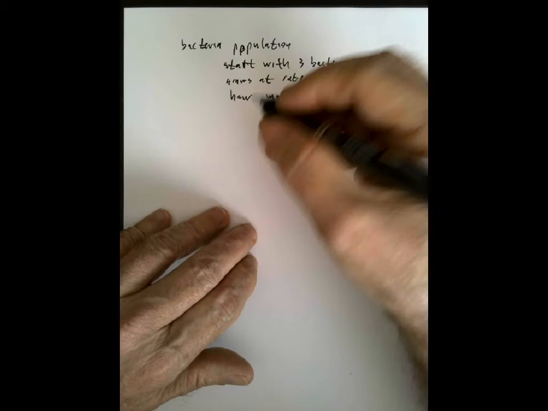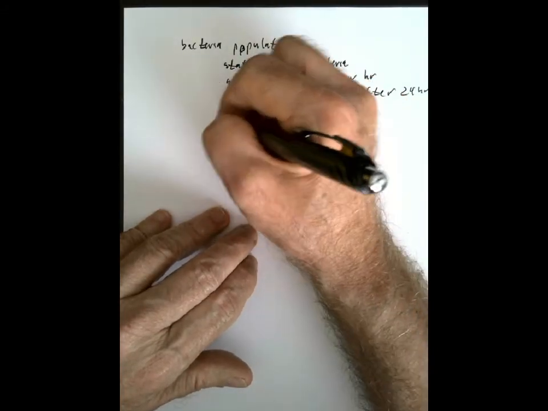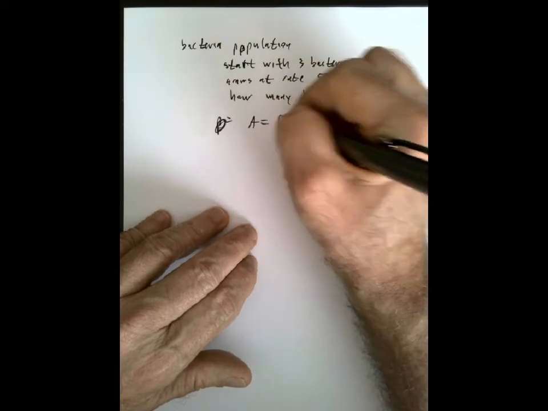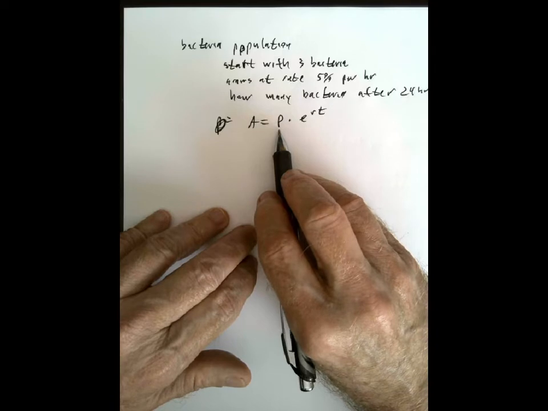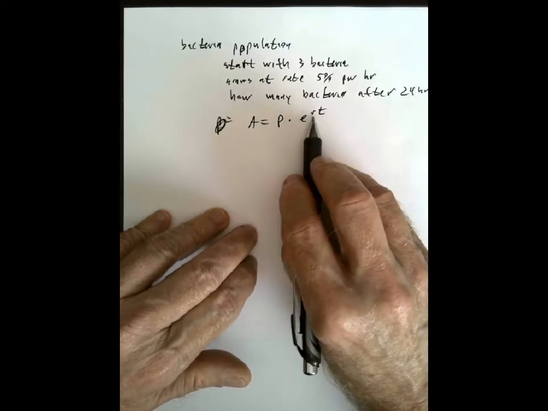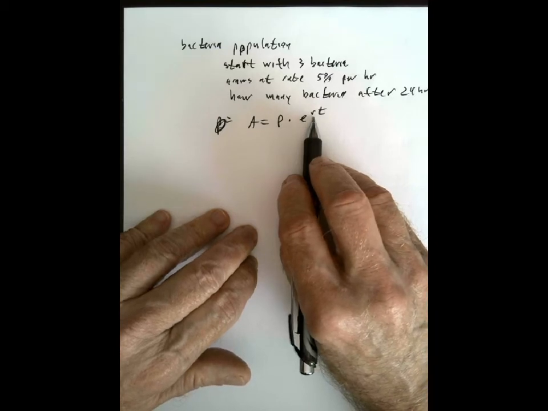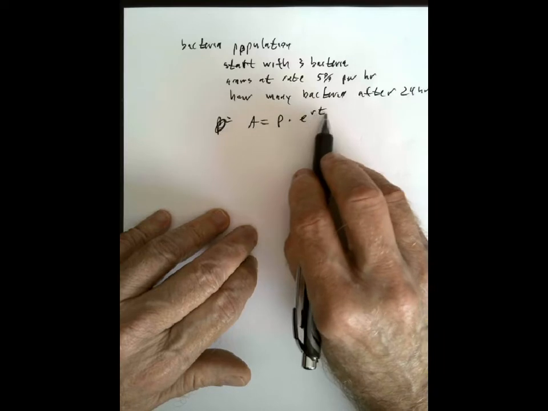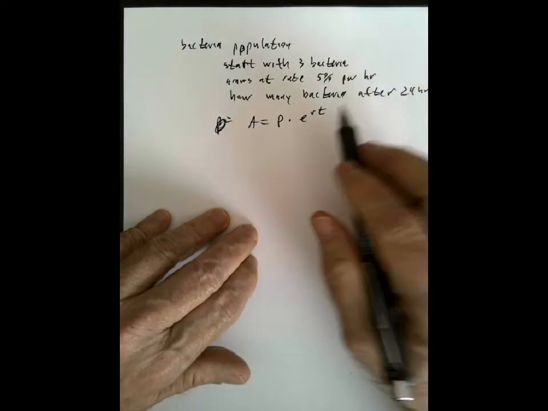Okay, so we're still going to use the same formula here. A is equal to P times E to the RT, where P is the initial amount, which is going to be 3. E is our Euler's constant, 2.7. R is, in this case, going to be the hourly growth rate. So R can be, and T can be, any time unit we want in this formula. It doesn't have to be years like in the earlier formula.